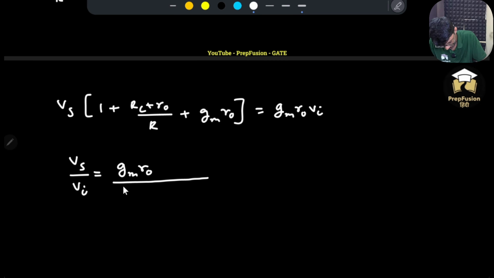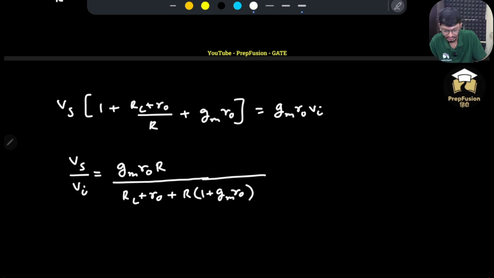I can add, this will be RL plus Ro plus capital R. I have to make a common denominator. So this will be R into 1 plus GM Ro basically, right? And this R will go to that side. So your Vs over Vi will be GM Ro capital R divided by RL plus Ro plus R into (1 plus GM Ro).